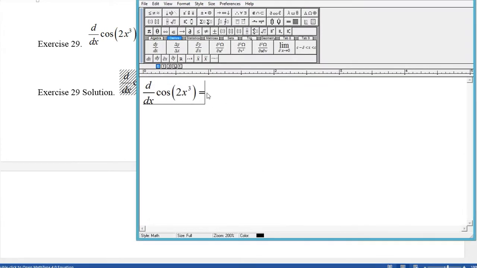Okay, so what are we going to do? We're going to think of this as the last thing we do is we let this part right here be u, and so we're letting u equals 2x cubed.